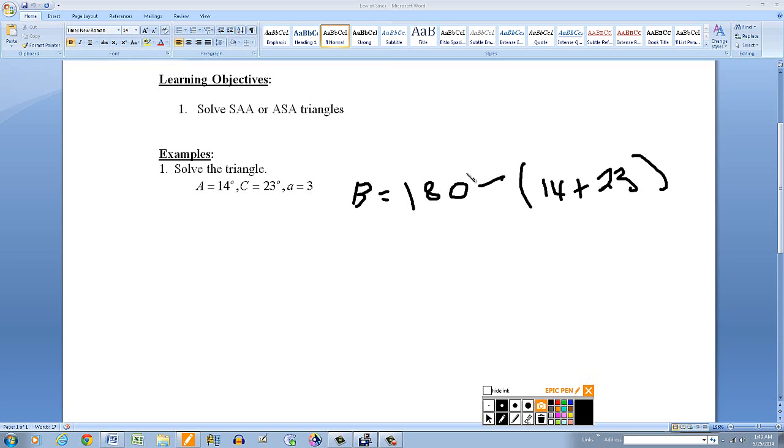And these are in degrees. I'm leaving the degrees out just for convenience, but that's 180 degrees minus 37 degrees basically is what we have here. So this tells me then that angle B is 143. And I'll put the degrees on this one. Okay, so we got angle B then is 143.